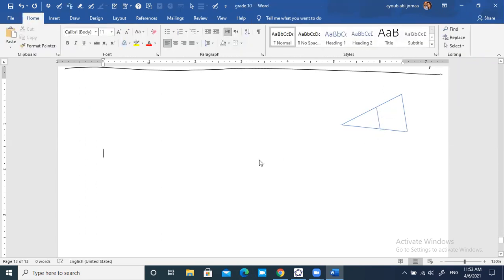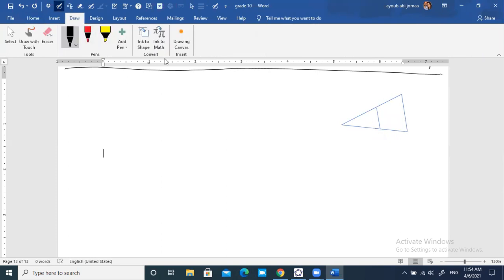Okay. ABCD is a trapezoid. The parallel lines are AB and CD.